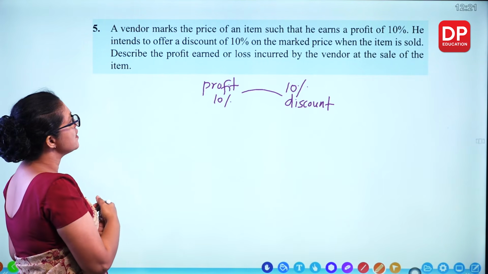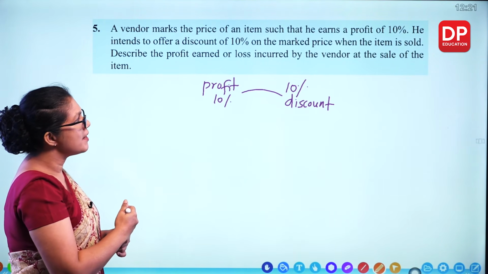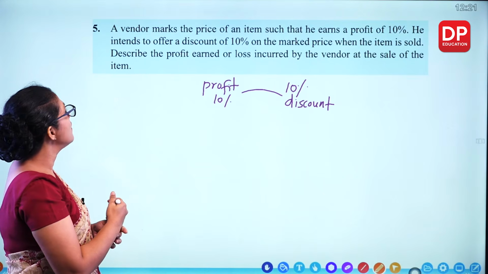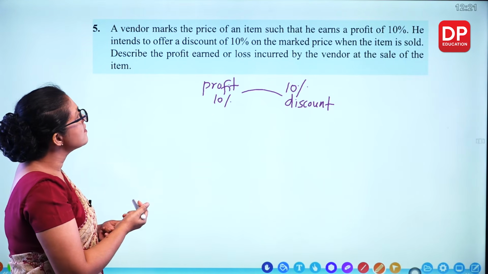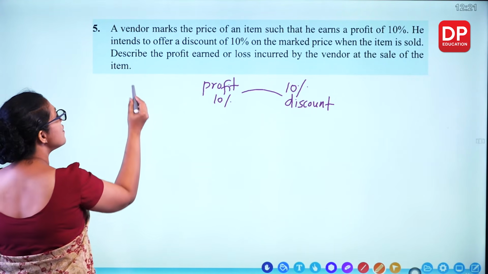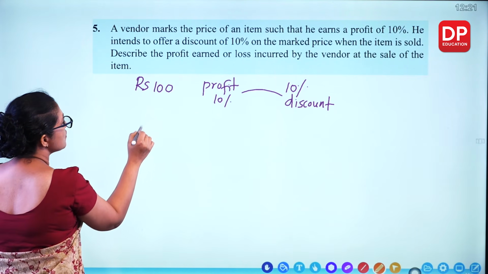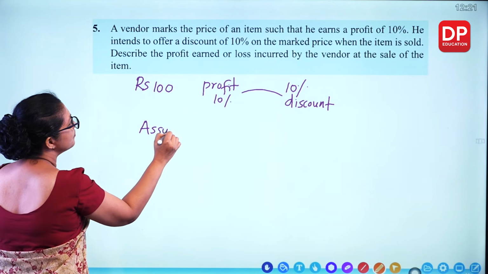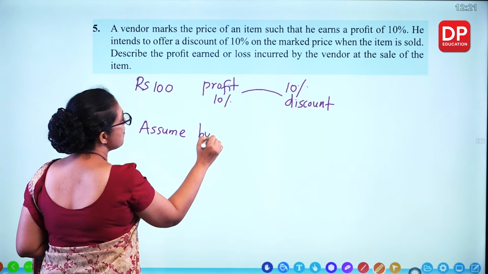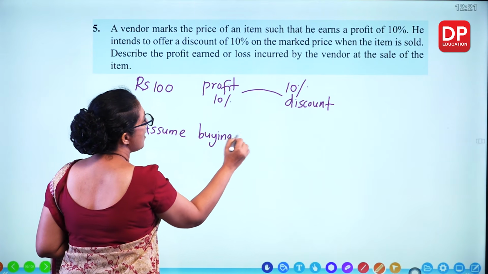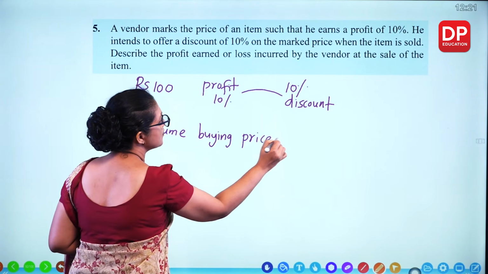Describe the profit earned or loss incurred by the vendor at the sale of the item. We'll assume the buying price is 100 rupees.